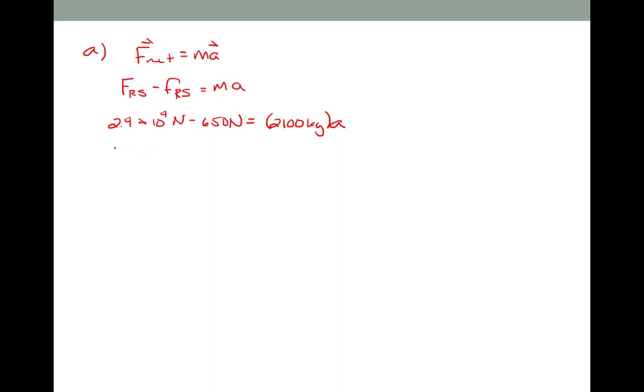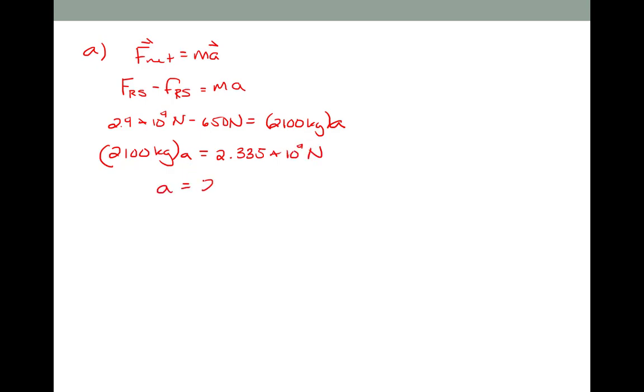Or in other words, 2,100 kilograms multiplied by the acceleration has to equal 2.335 times 10 to the 4th newtons.